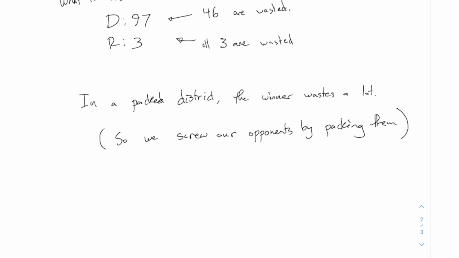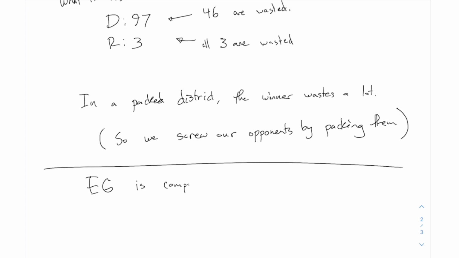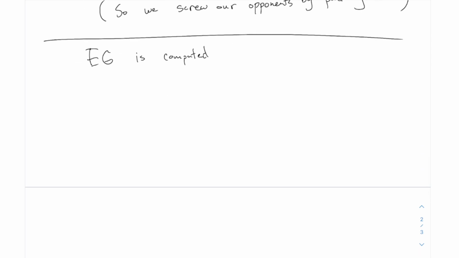All right. Let's talk specifically about how we compute the efficiency gap. I said it was like a numerical thing here. The efficiency gap is computed by just counting up how many wasted votes are assigned to each party.